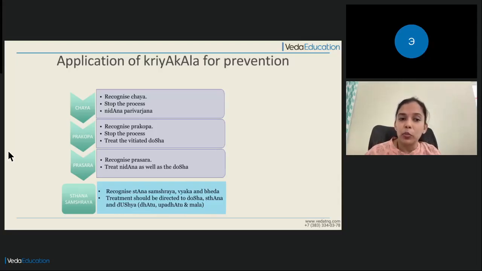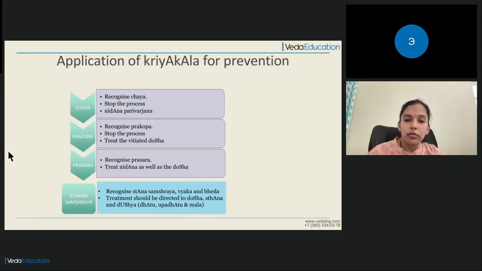Whereas in Chaya, there is nothing to do; you just don't indulge in the same activity once more. In the stage of Prakopa, you just help the body, improve Agni or manage the dosha only. Whereas in Prasara, the third stage, you need to treat the cause as well as the dosha.